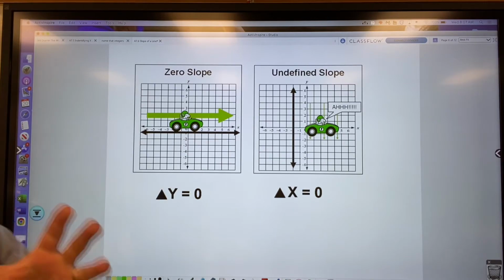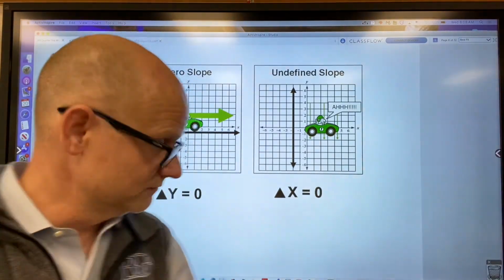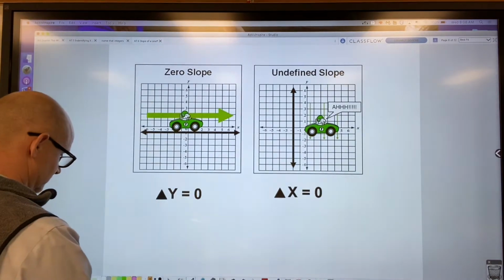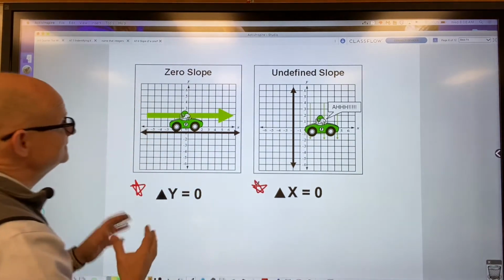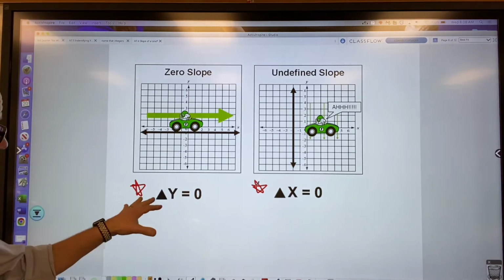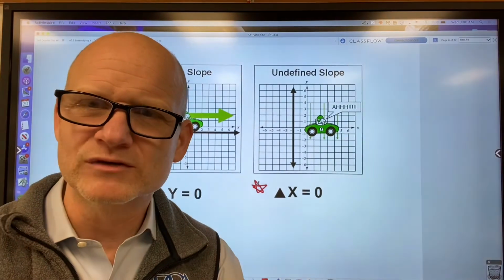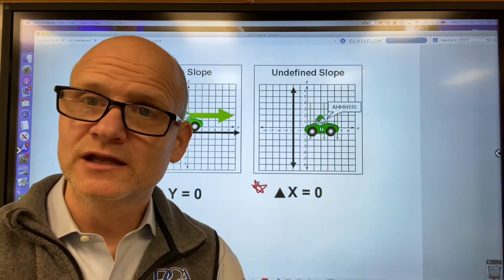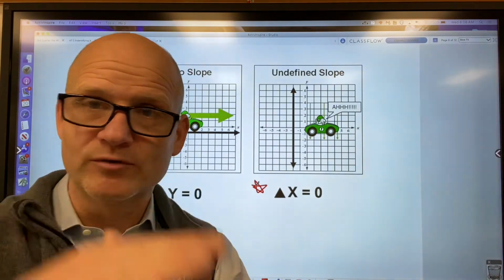Please notice this, and you might want to write this down. Put a little red star here. A zero slope, the change in y is zero. Now you're probably like, what? Change in y, what does that have to do with it? Well, your y coordinate doesn't change, doesn't go up or go down.